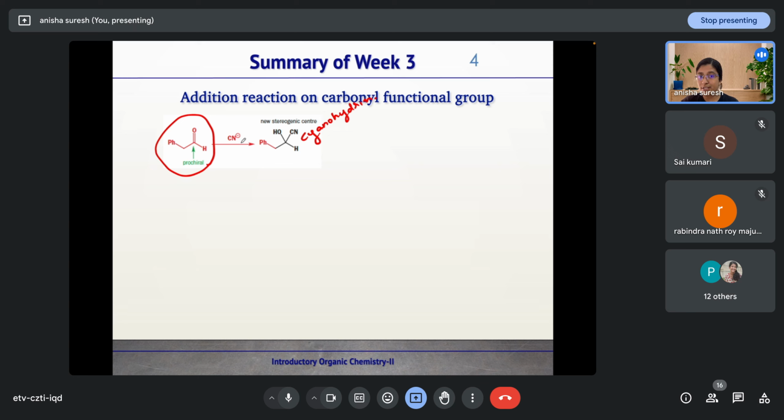After addition of CN minus, this compound generates a new stereogenic center, which is a chiral center. Here four different groups are there at the center. So this center, where after addition a new stereogenic center is generated, is known as a prochiral center.